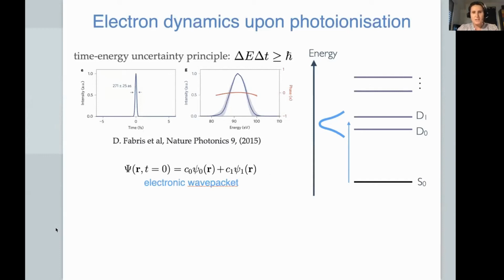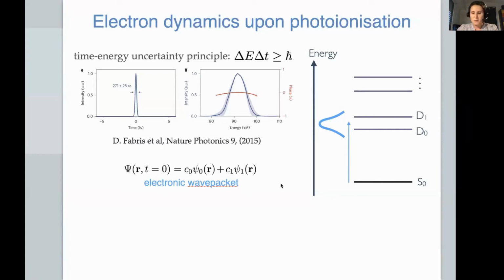And because of this large spectral bandwidth, when you excite or ionize an atom or a molecule with such a short pulse, you populate not only one, but several electronic states. And here on the right-hand side, I'm showing the simple example of an ionization that would populate coherently the ground and the first excited state of the cation, forming what we call an electronic wave packet.